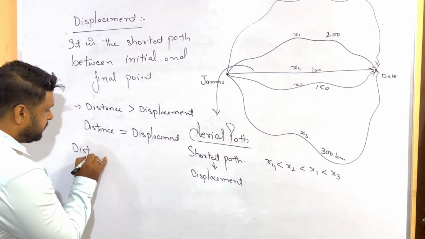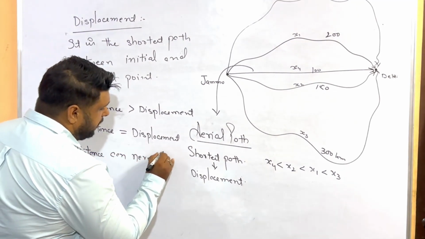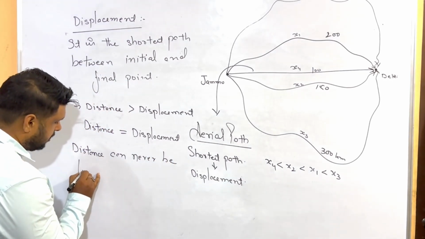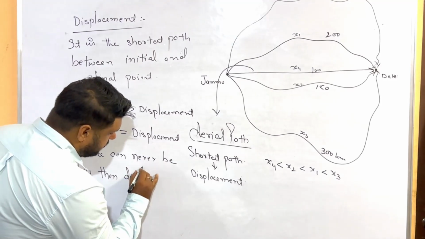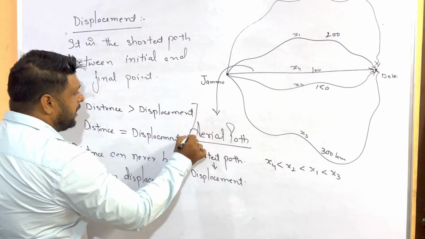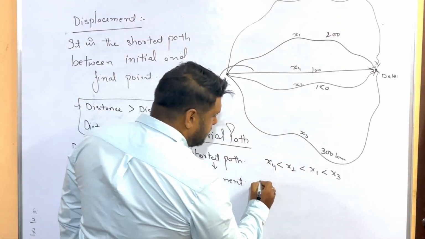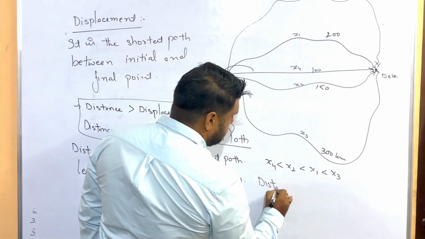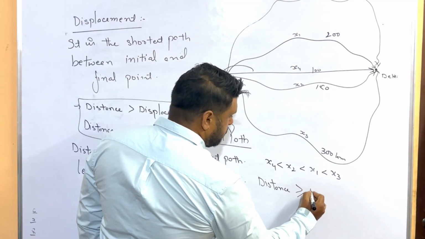So distance can never be less than displacement. Now if I combine these things, in some books you might see it written as distance is greater than or equal to displacement.